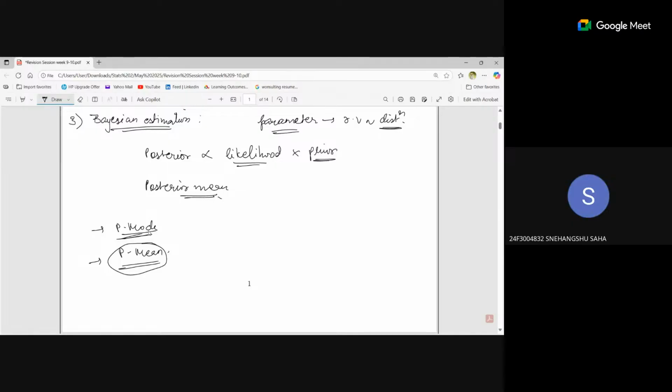Ma'am, what is the formula for posterior mode? Posterior mode, in the sense, if you remember one example that we did, if my x1, x2, xn is following some distribution like Bernoulli with parameter p, and this p was also following some distribution.